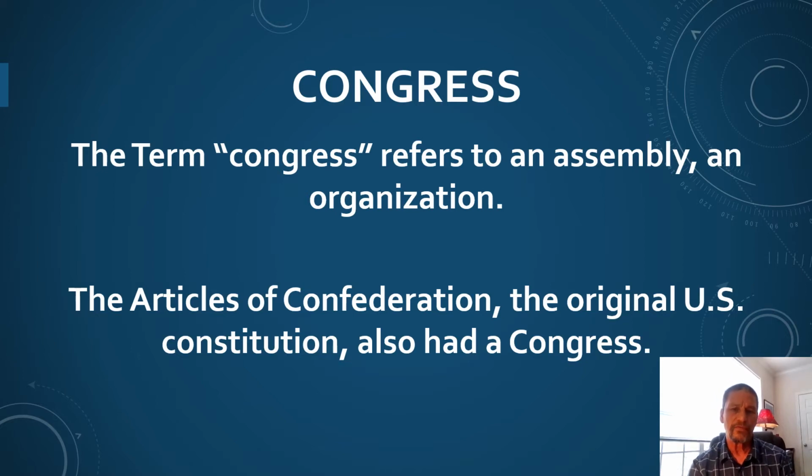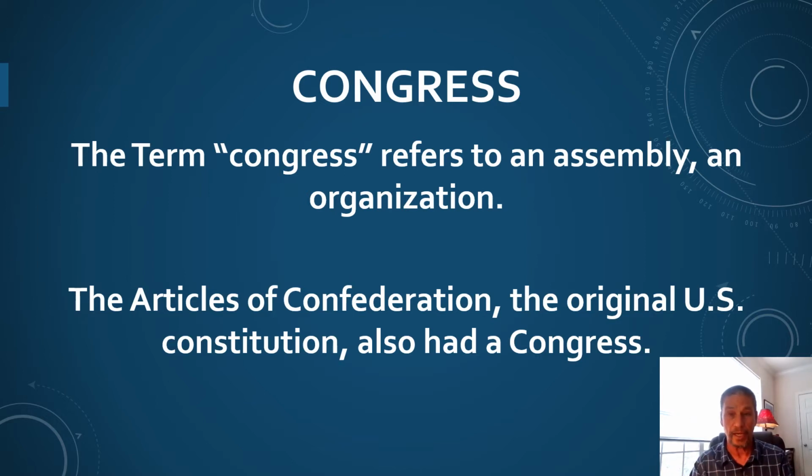But the Articles of Confederation, the original Constitution, which lasted about 7-8 years, also had a Congress. In fact, you may recall, if you've looked at that, the Congress is the only branch that existed in the Articles of Confederation and that was carried over into the Constitution. So when the Articles of Confederation were being followed by the leaders of the United States of America, there was not an executive branch in the Articles, and there was not a judicial branch.